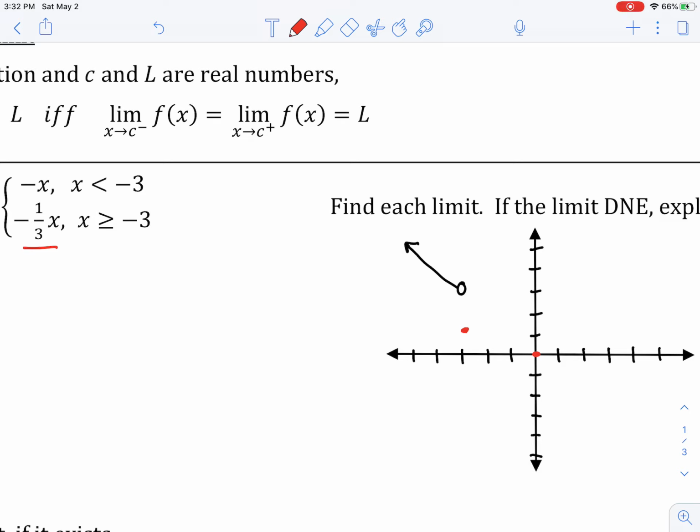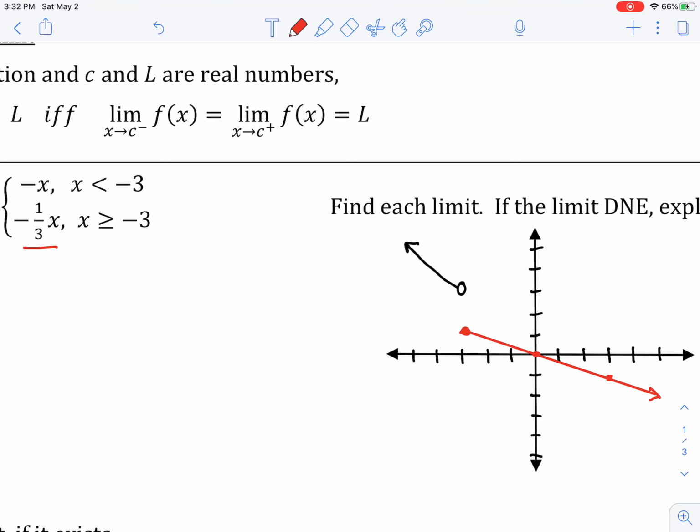Oh, sorry, down 1 over 3. Sorry, I had just a little bit of a brain fart there. Let me clean that up. All right, so I'm going to graph this line going that way. Okay, and thank you, iPad, for cleaning that up and just make sure it's continuous.